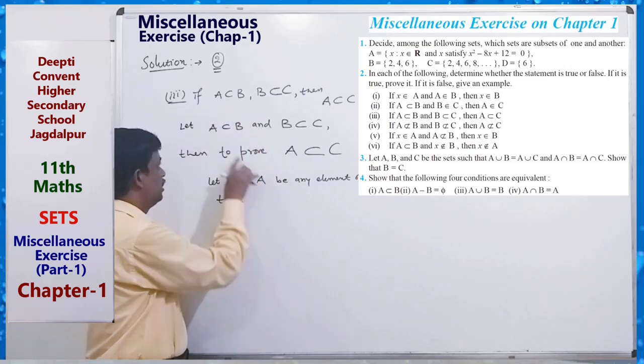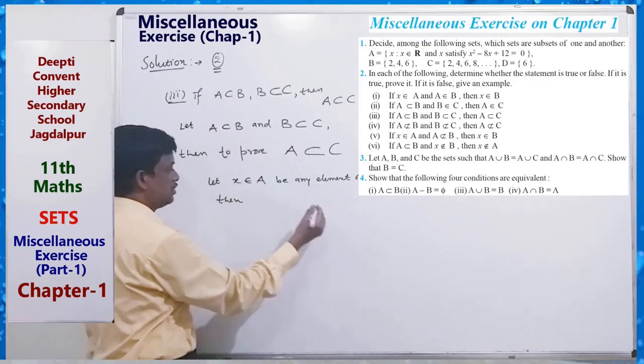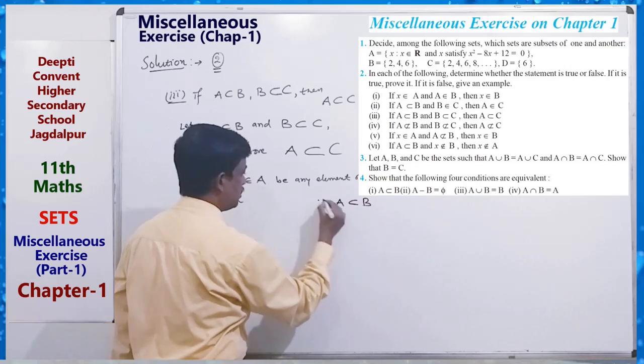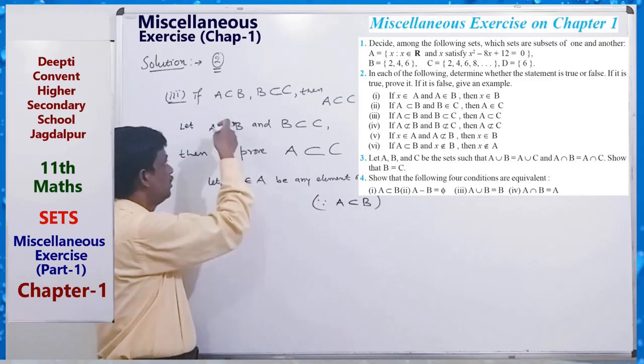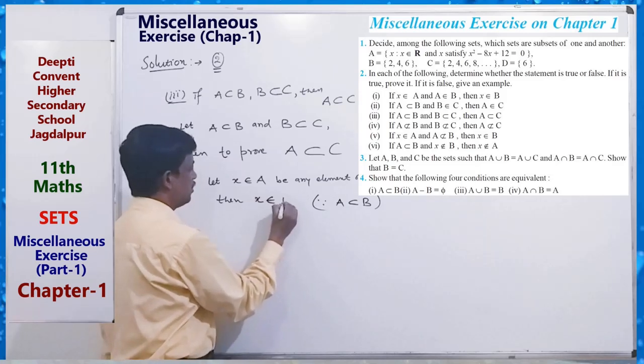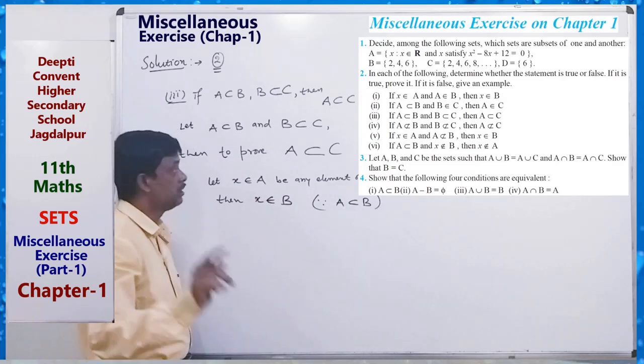X belongs to A. Since A subset B is given, if X belongs to A, then X belongs to B.